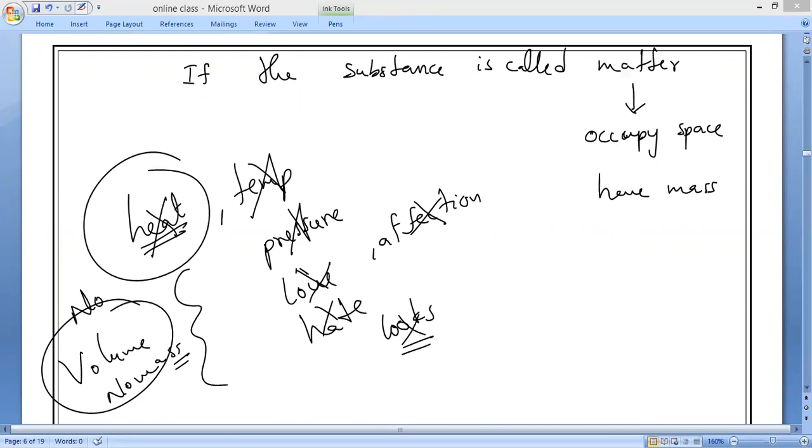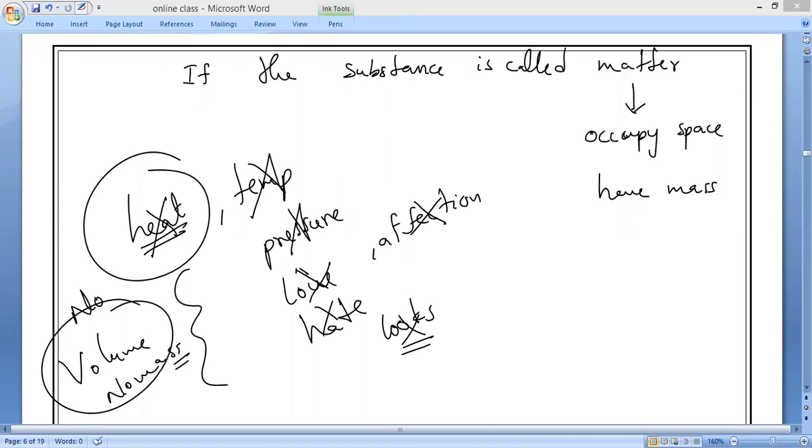No. So all these things, like friendship, love, affection, hatred, good manners, thoughts, ideas, taste, are not considered matter, because they do not have space. They do not occupy space. Is it yes or no, guys?